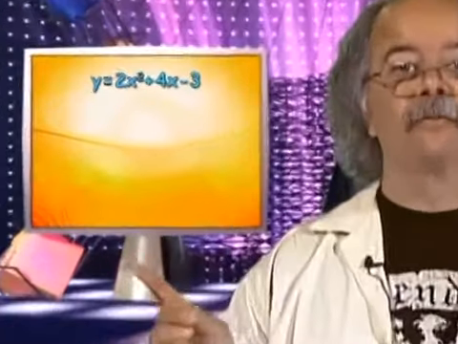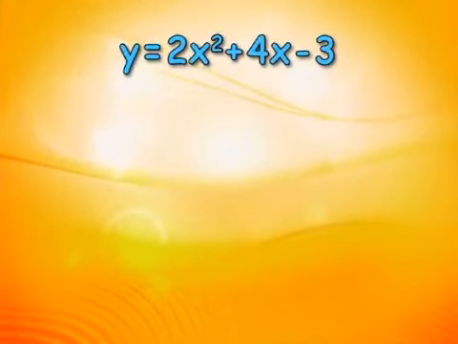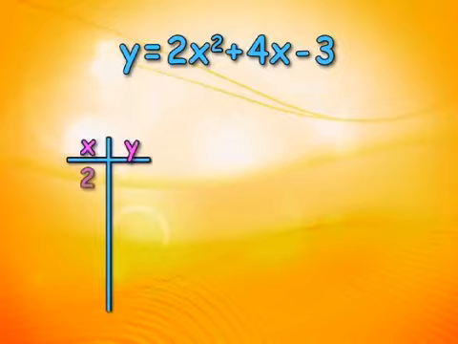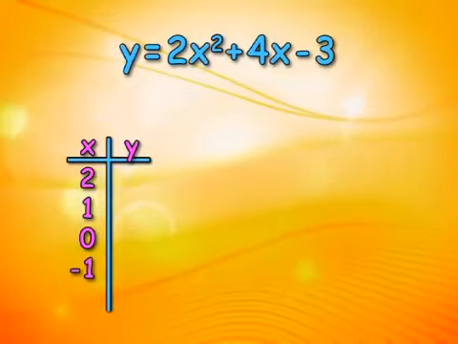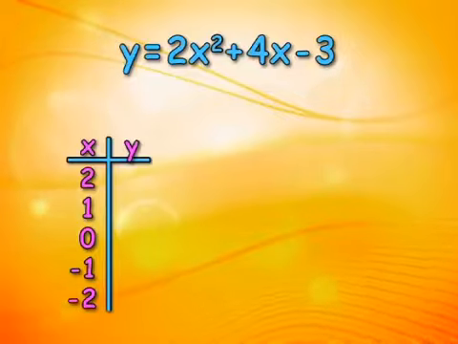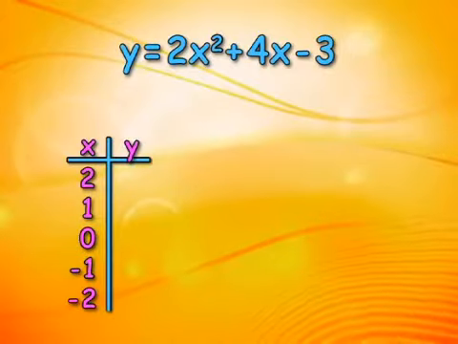As with any equation, we can substitute values for x and solve for y, then put those points on a graph. We'll take the numbers 2, 1, 0, -1, and -2, and substitute them into the equation.